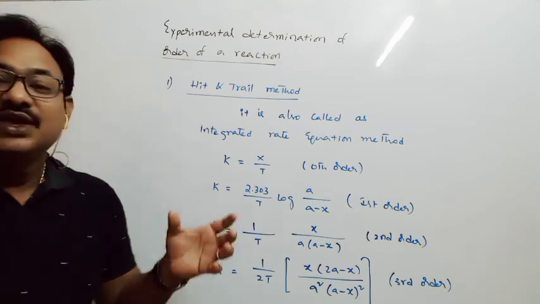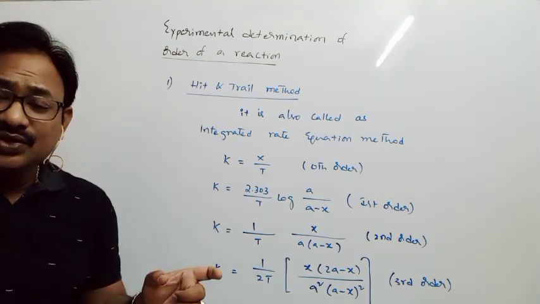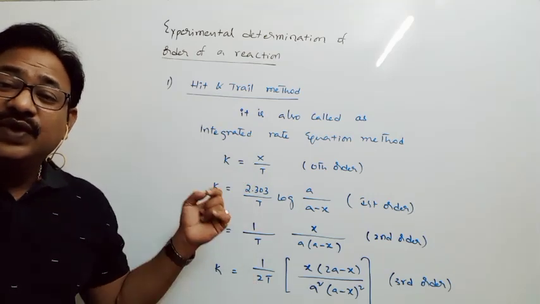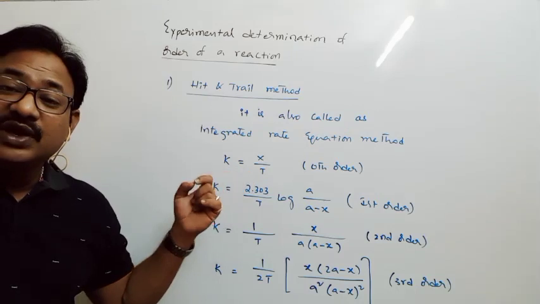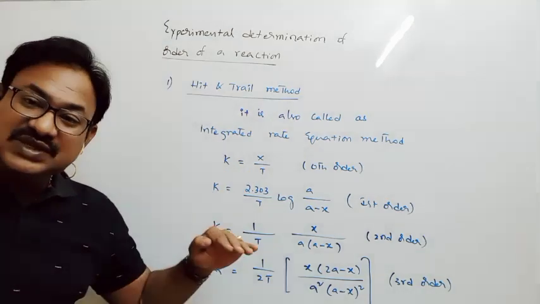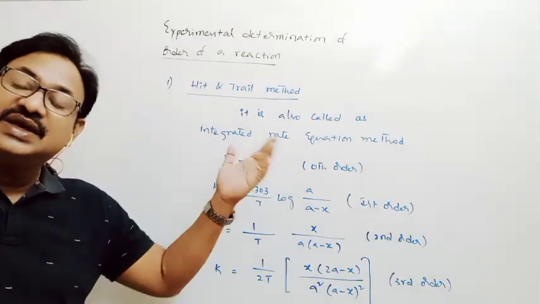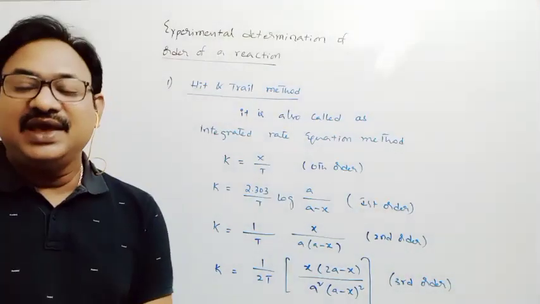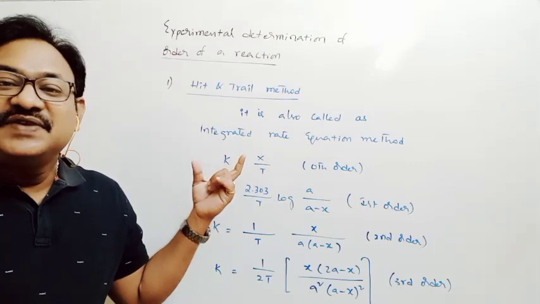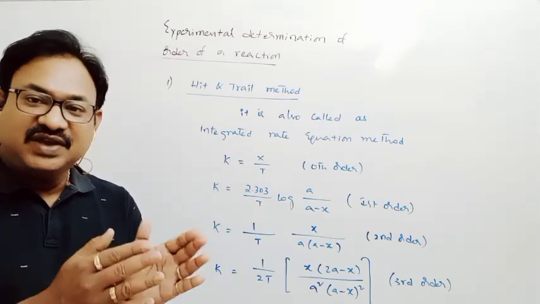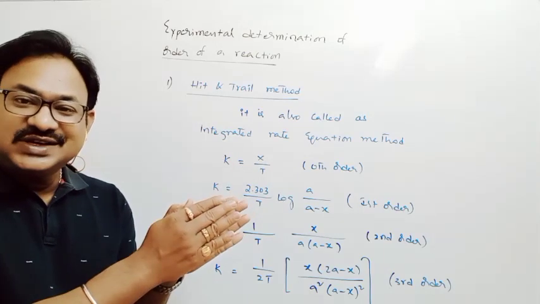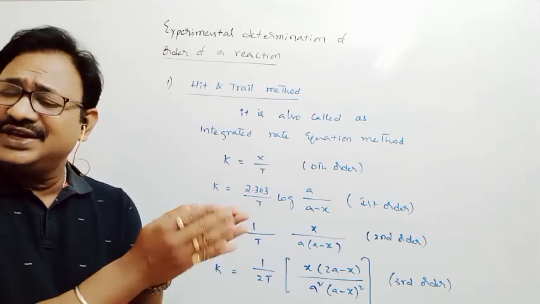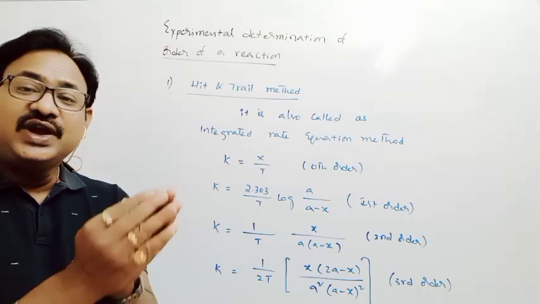Now what to do? Whatever data is given to you, you just verify the data in these expressions, where the K value remains constant at all concentrations. That indicates the order of the reaction. Suppose you get a data set, you have to verify zeroth order first. How? Calculate the K value at different concentrations and different time intervals.